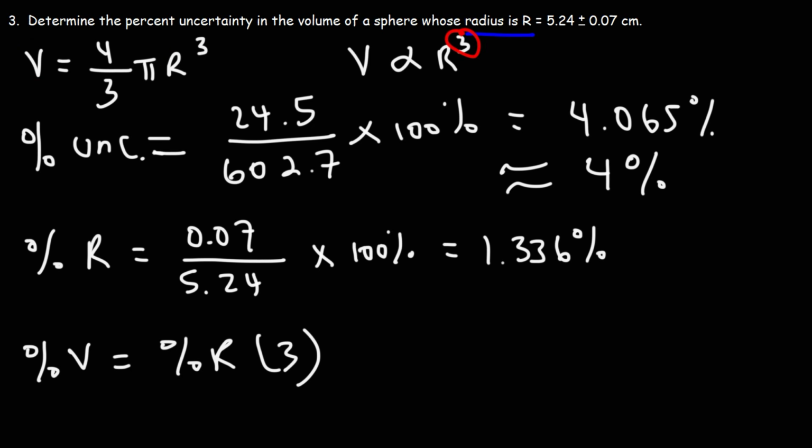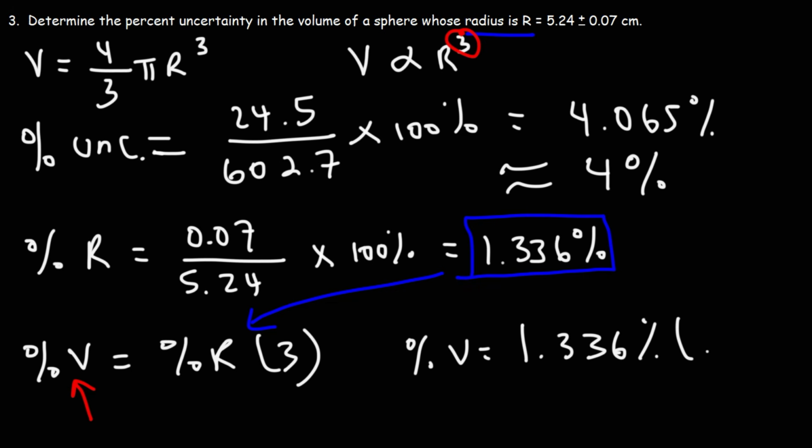So this 3, when dealing with percent uncertainty, it turns out that the percent uncertainty in the volume of the sphere is going to be 3 times as much as the percent uncertainty in the radius of the sphere. And we can see that if we do the math. So if we were to take this number and plug it in for the percent uncertainty in the radius of the sphere, and then just multiply that by 3, we're going to get about 4%.